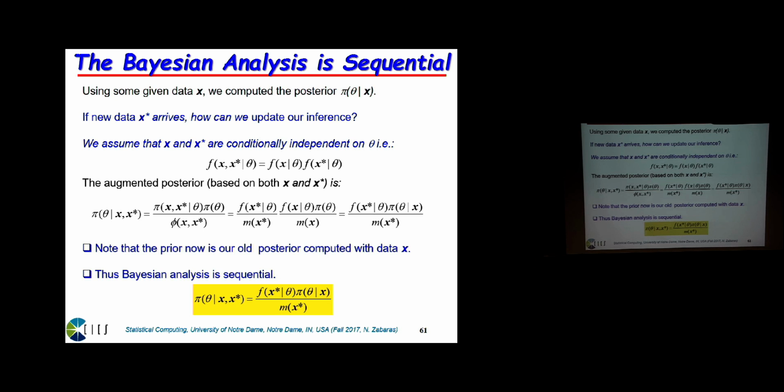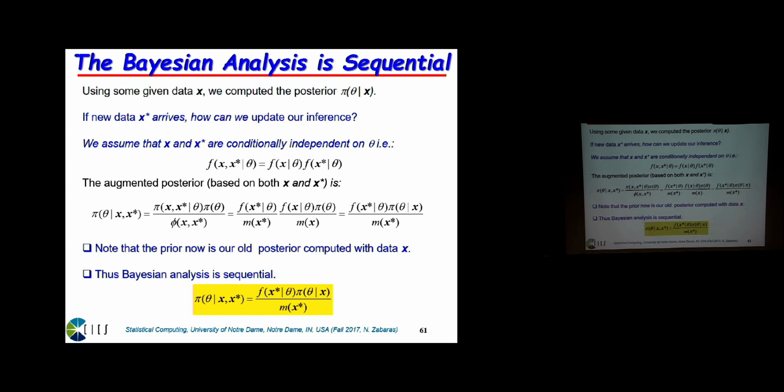So the idea is, if you already have collected data X, and you're asking what is the posterior of theta given both X and X star, what I can do is use the likelihood of X star only, but instead of carrying the prior here, I'm going to plug in the posterior given my data X. All right?